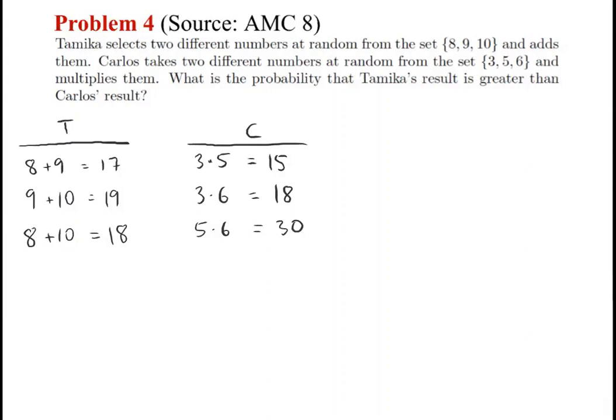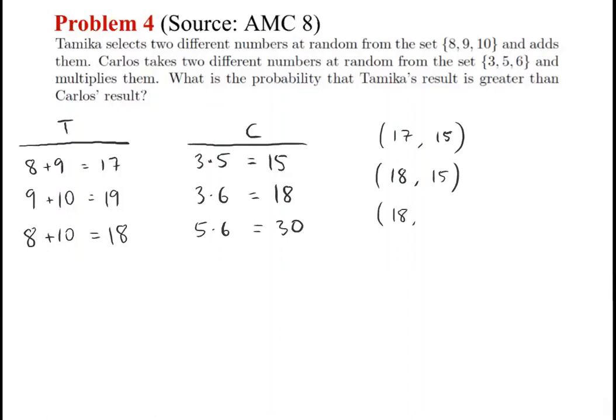So, looking at this, we can see that if Tamika selects 8 and 9 for 17, then that will be greater than Carlos's possibility of a 15. And if Tamika gets an 18, that is also bigger than Carlos's 15.